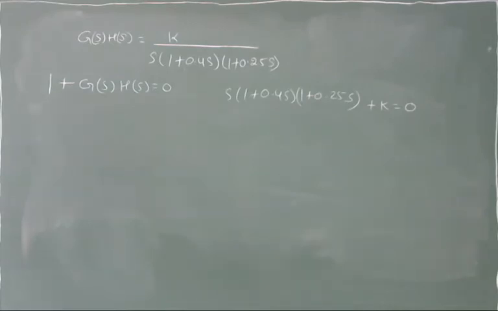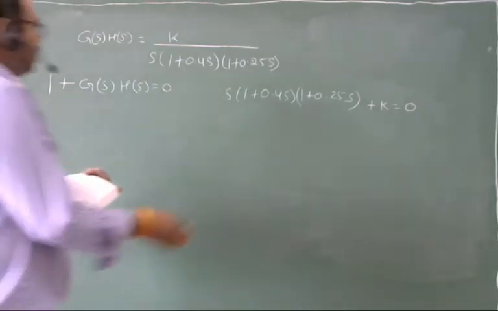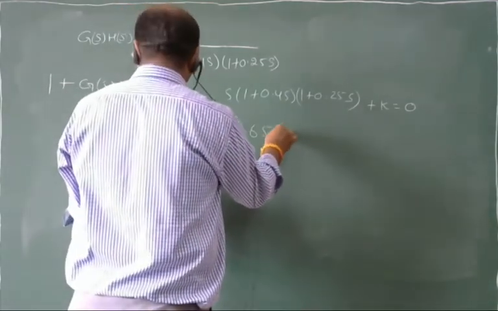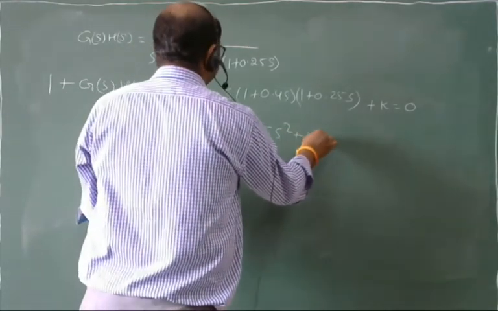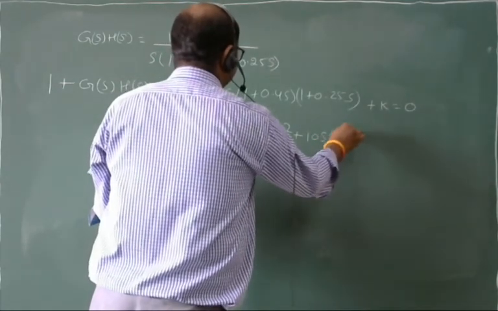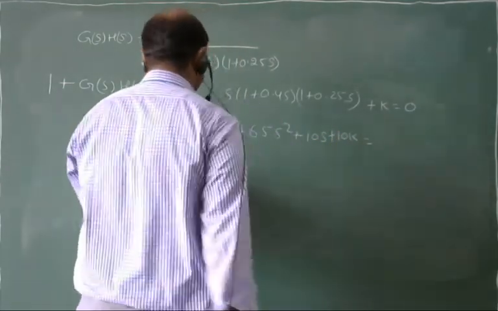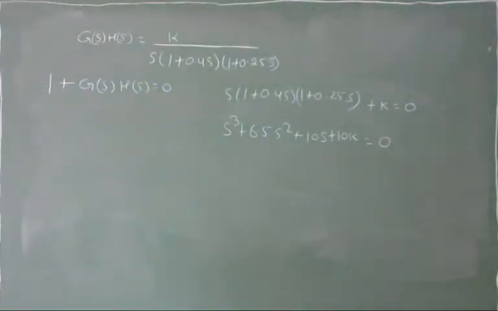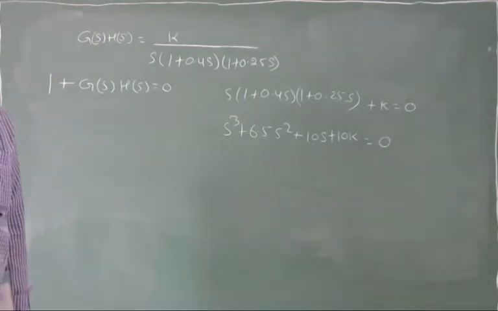And on solving we get s cube plus 6.5 s square plus 10s plus 10K is equal to 0, right?